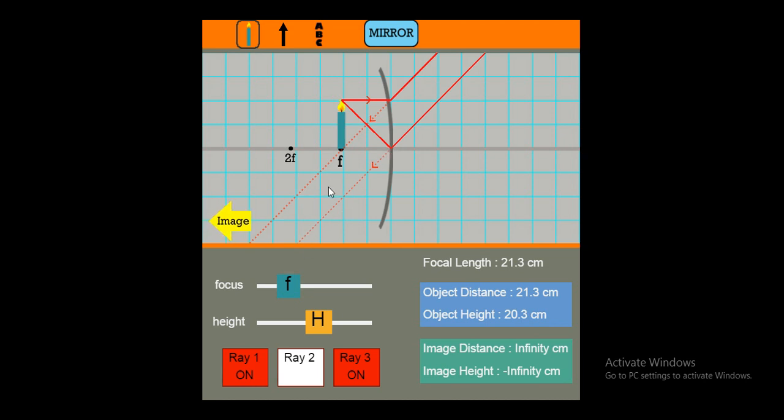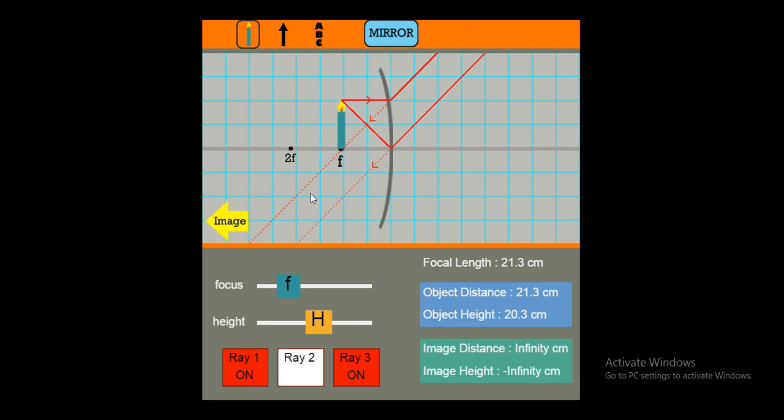Then consider this ray diagram. Consider these two sides of the mirror, behind the mirror and this side. We can't find any place where these two rays intersect, on this side or this side.